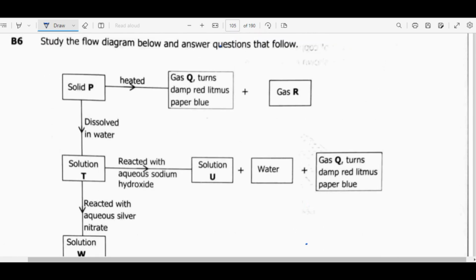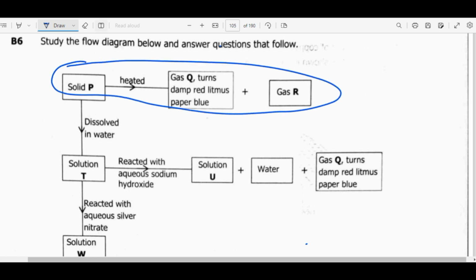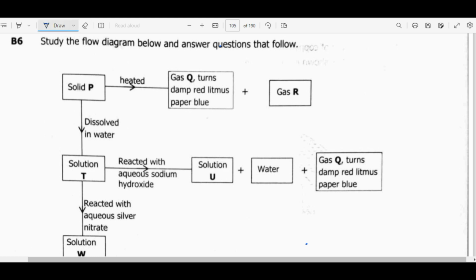Now, for you to understand fully, we are going to look at this route here. If you look at the substance that we are given, this substance is in solid state, and when heated it changes into gases, and we know that the change of state of matter in which a solid changes directly into a gas is called sublimation.